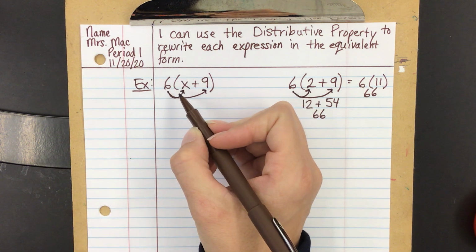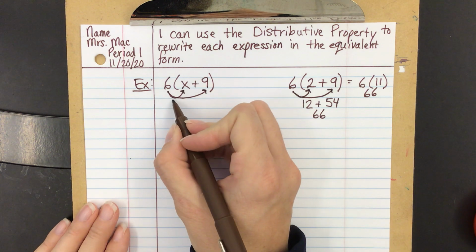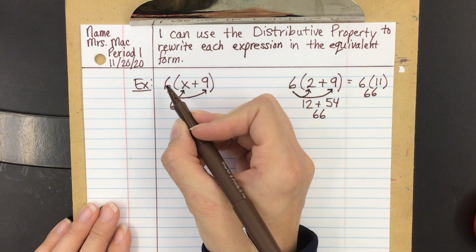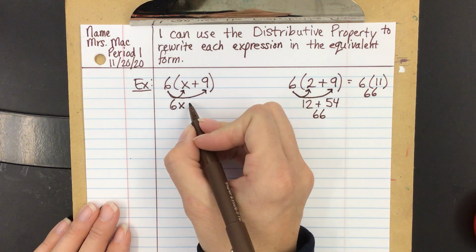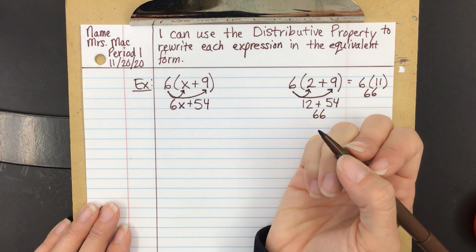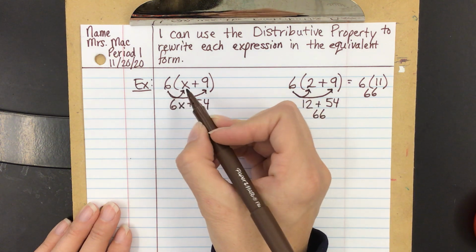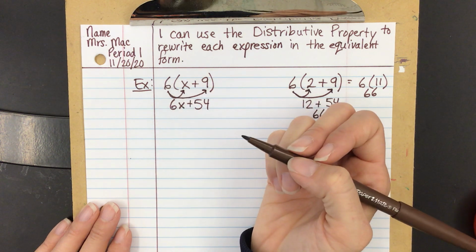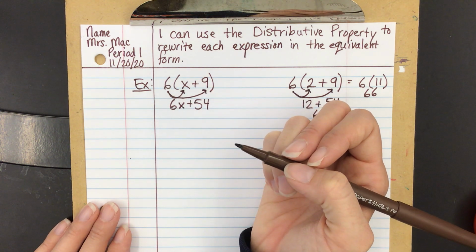Well, we don't know what x is, so we just have to leave it as 6 times x. And then we will do 6 times 9, which is 54. Okay, so basically we're just multiplying each thing inside the parentheses times this number on the outside of the parentheses.